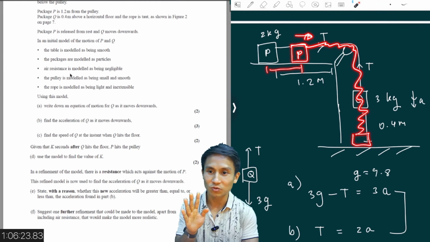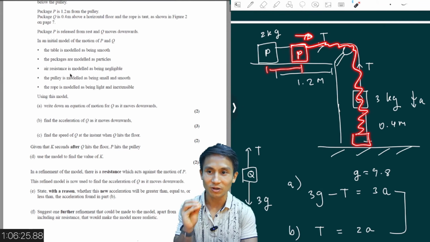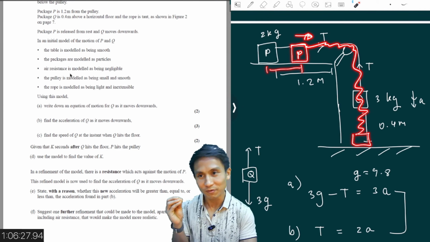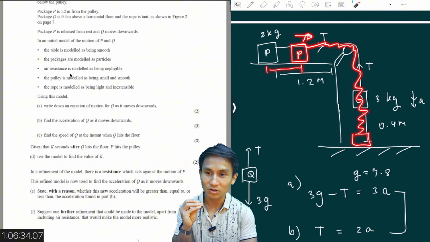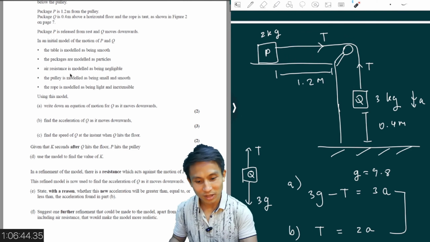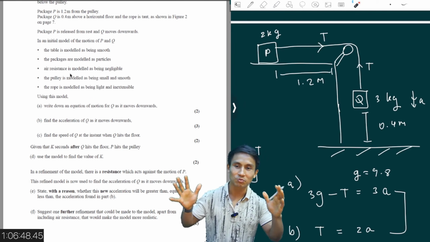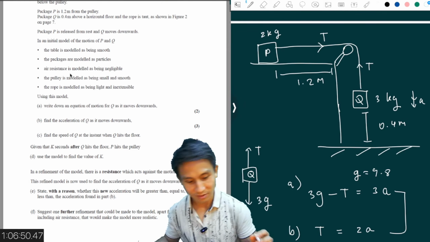Why? There is no resultant force now, because the only force acting on P before Q hits the floor is the tension. If they are no longer connected, there's no tension, so there's no resultant force. So V is a constant value. That means from this point to hitting the pulley, we consider P as moving at a constant speed, right?